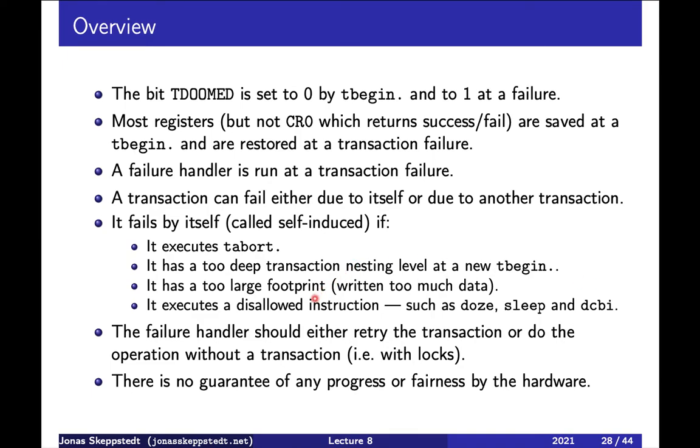If it fails, this failure handler should either try the transaction again or do something else. For the lab, when we use the GNU transaction atomic, we don't have to write an error handler to do the operation with locks, but it will just rerun the transaction.